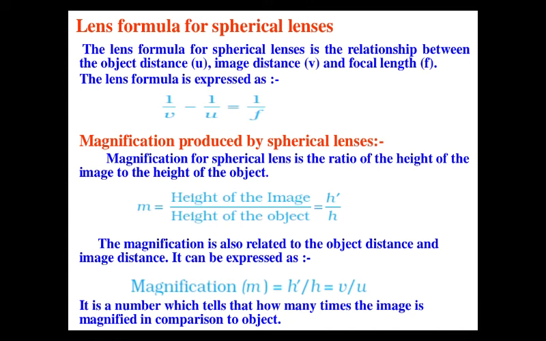And if the image nature is given as virtual and direct, then you need not put negative, it will be a positive sign. So if magnification is negative, the image formed is real, and if magnification is positive, the image formed is virtual.